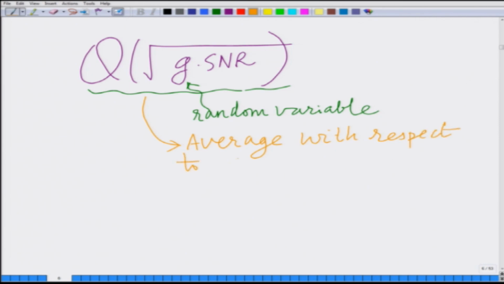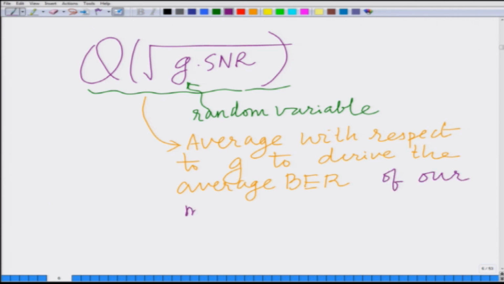So I have to average this expression with respect to G to derive the average bit error rate of our multiple antenna system.